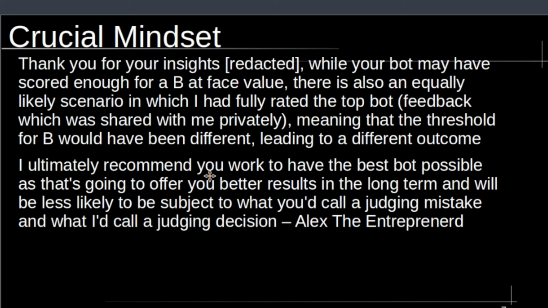Instead of blaming particular results on judging criteria or this or that, I was like, no, regardless of what the criteria is, I have to make my work good enough that no matter what, it still performs well. Which is why I wanted to share this with you, because this was exceptionally useful to me. And it was almost a turning point.